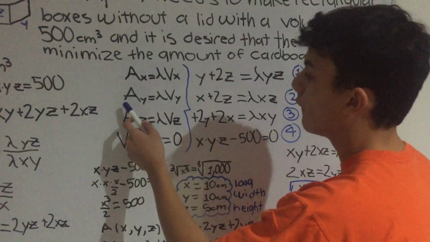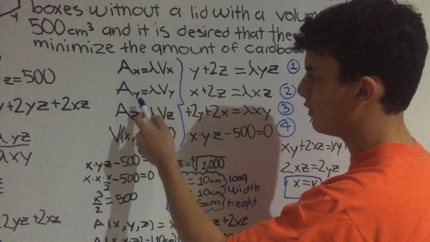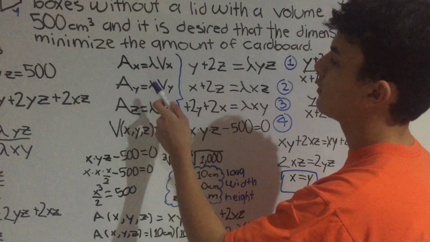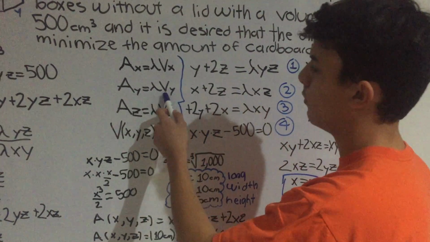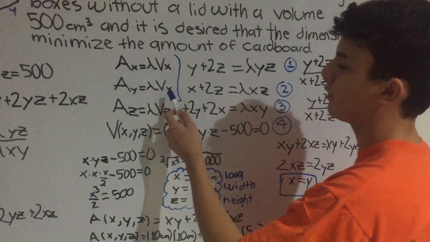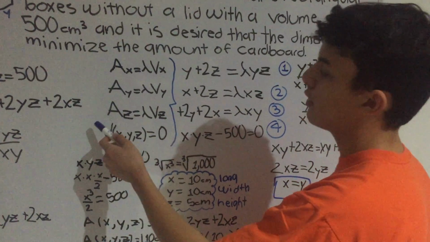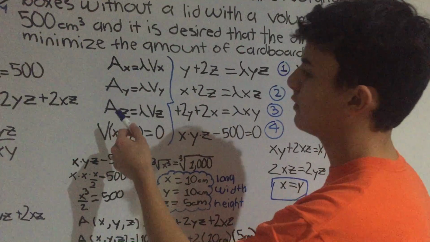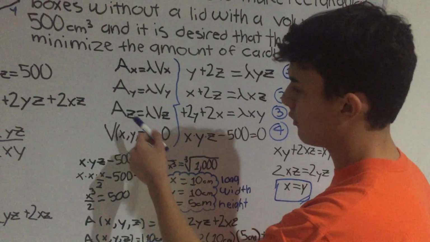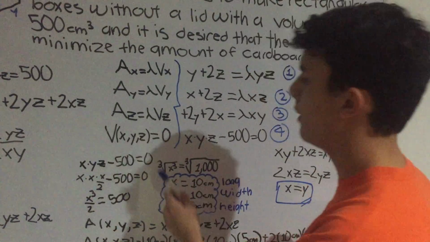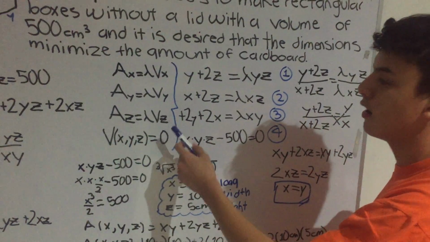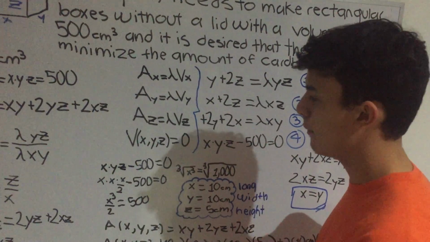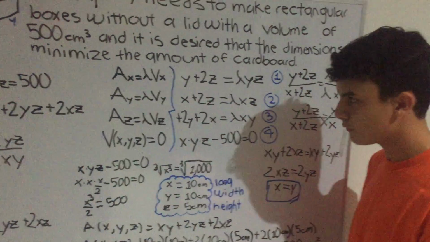And also the partial derivative of the area with respect to y is going to be equal to lambda times the partial derivative of the volume with respect to y. The partial derivative of the area with respect to c is equal to lambda times the partial derivative of the volume with respect to c, and we have our condition and we have to equalize it to 0.